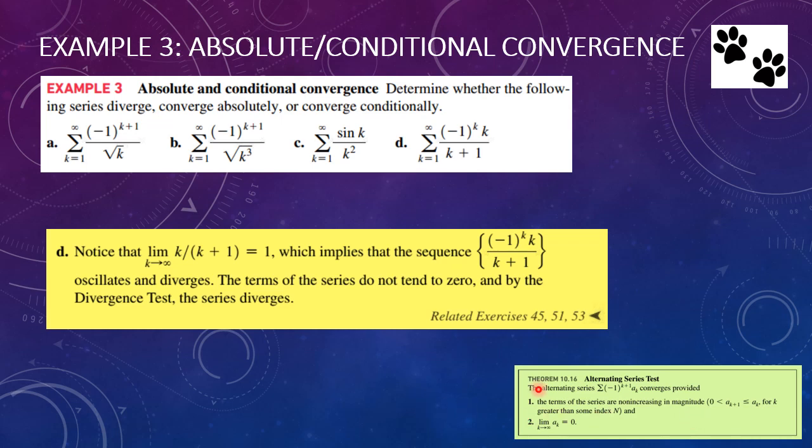Since this doesn't equal 0, this implies that the sequence oscillates and diverges. The terms of the series do not tend to 0, and by the divergence test, the series diverges. So there you've had 4 different examples and ways of looking at them, and hopefully that will help you with your homework and help us as we move into chapter 11.